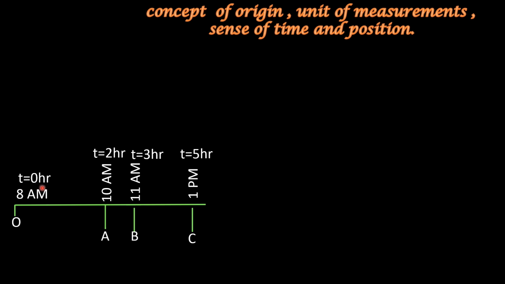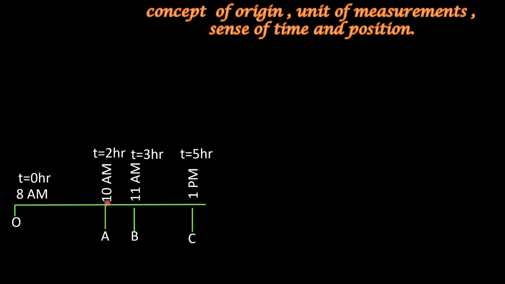In reality, time cannot be 0. But by referring to time as 0 hour, we mean it is the initial time, that is when we start our observation. At 10 a.m. he is at point A. It means he has taken 2 hours to reach that point from origin.